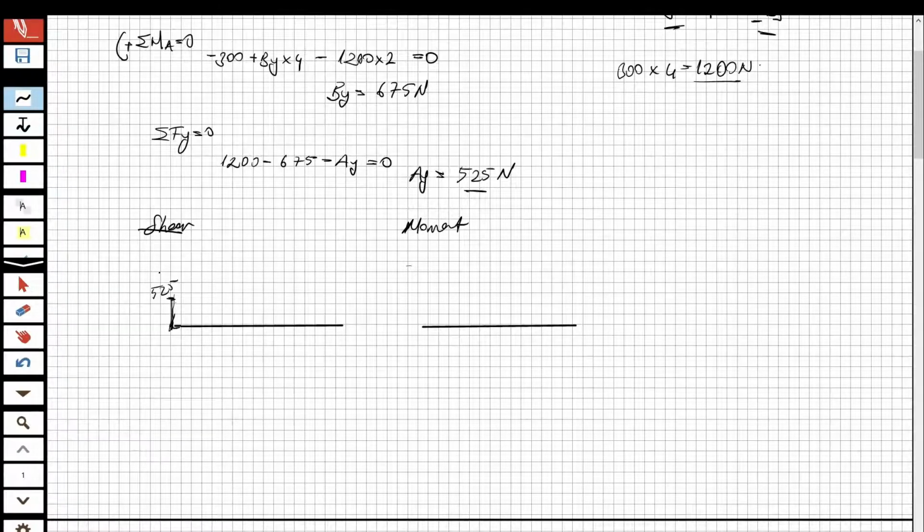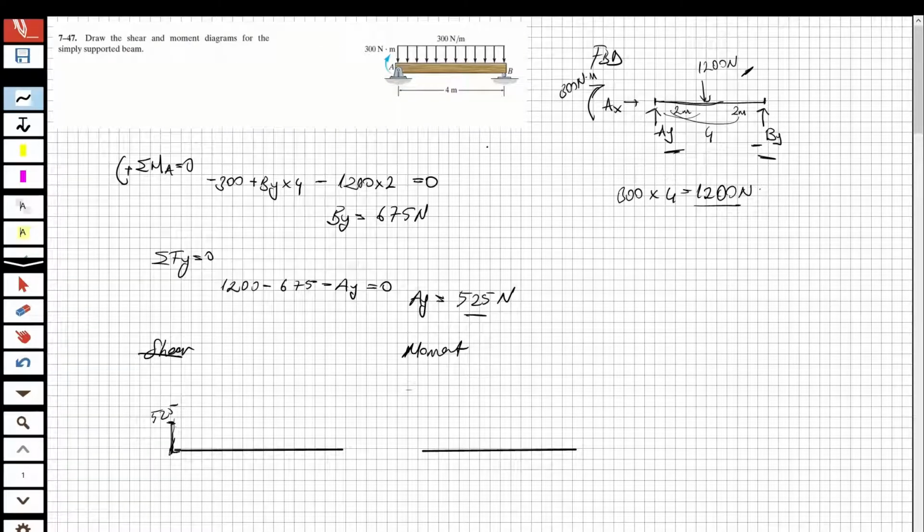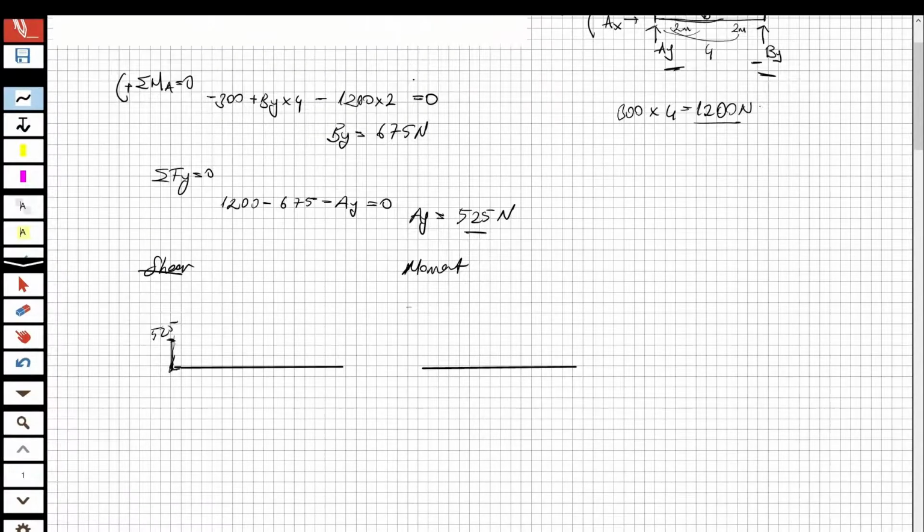Look at here, I have a distributed load, so it's going to decrease as a triangular, portion by portion. It's going to be something like that.